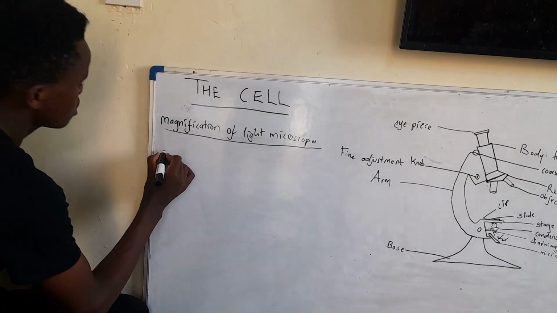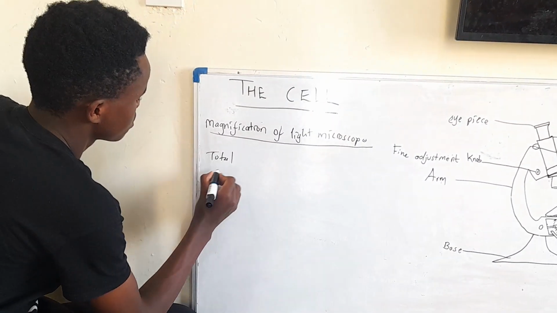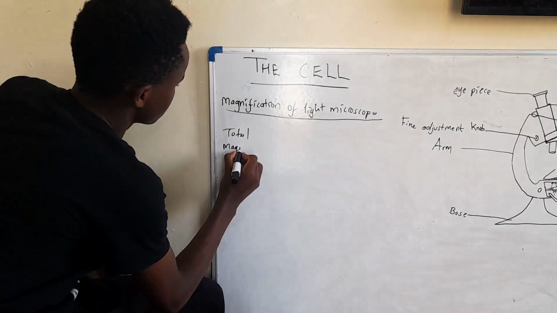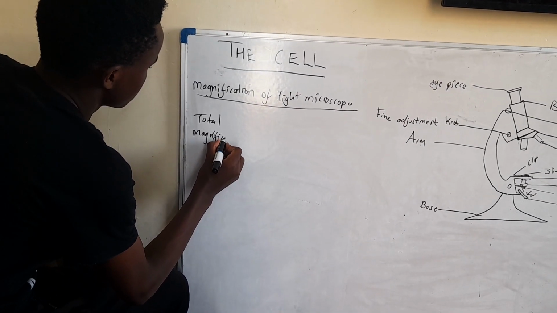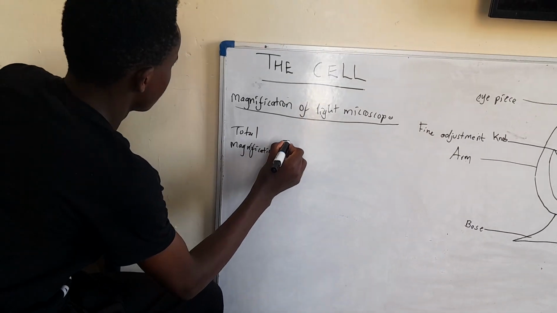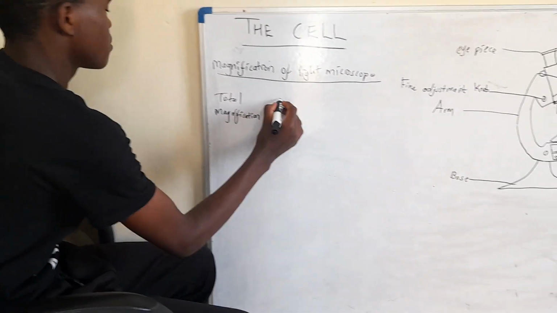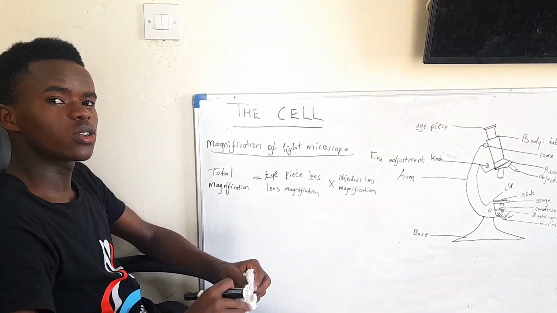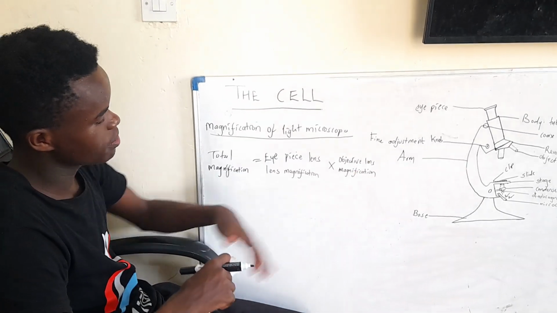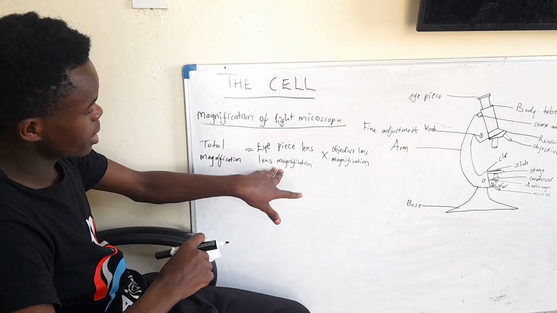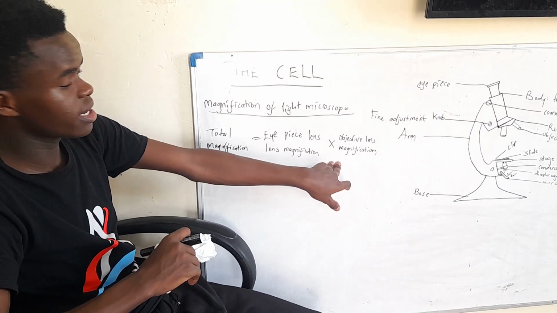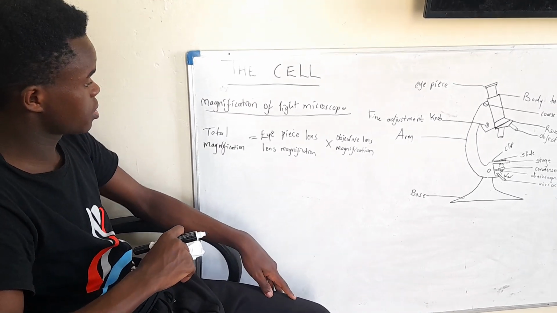So this is the formula: total magnification of a light microscope is always the eyepiece lens magnification multiplied by the objective lens magnification.